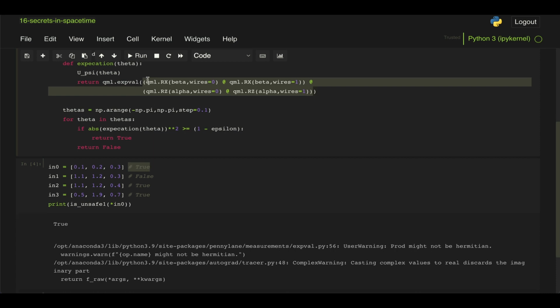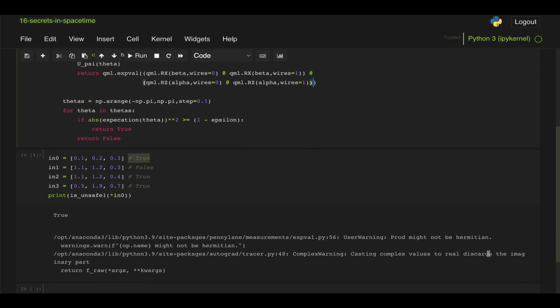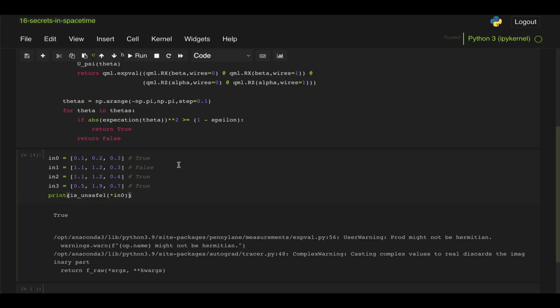So when calculating this expectation value, if we're getting a complex value instead of a real number, what's happening is that the imaginary part is getting ignored. And the reason for this is because this circuit right here is not necessarily Hermitian, right? So we could say, okay, well, that's fine. We got the right answer.